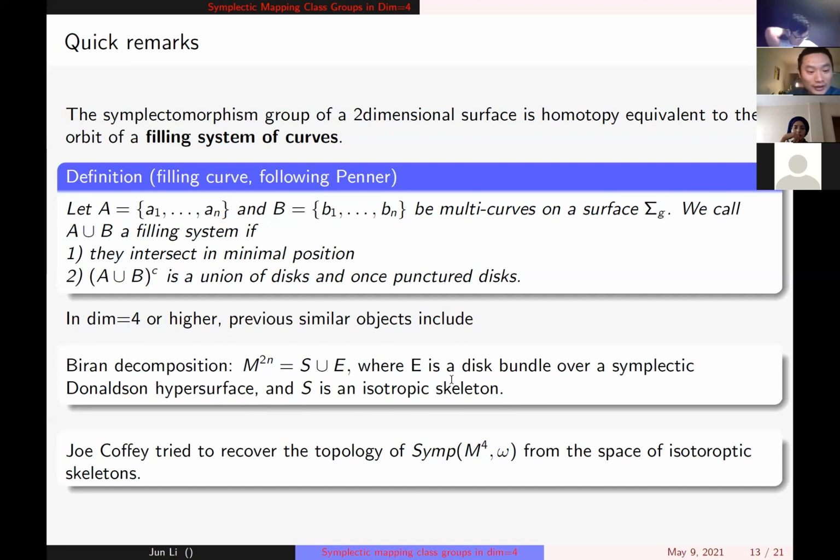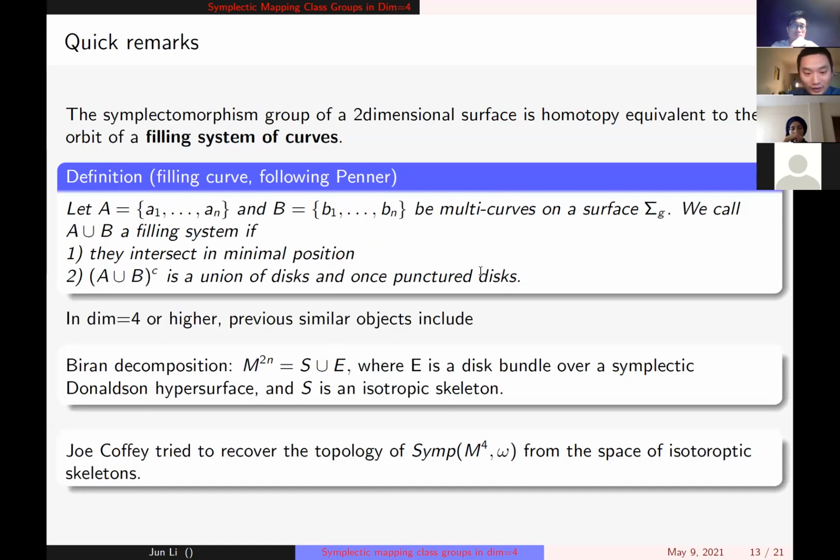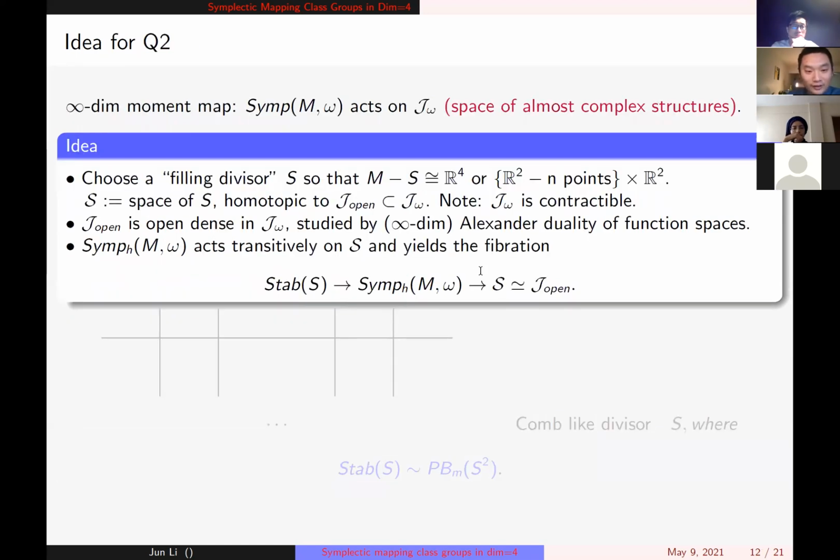Then Joe Coffey tried to recover the topology of 4-dimensional Symp from the space of isotropic skeletons. It has a similar idea as we have here. But I think we are the first to make this filling divisor explicit in the 4-dimensional rational manifolds case.